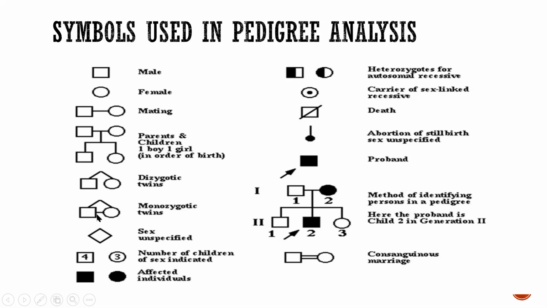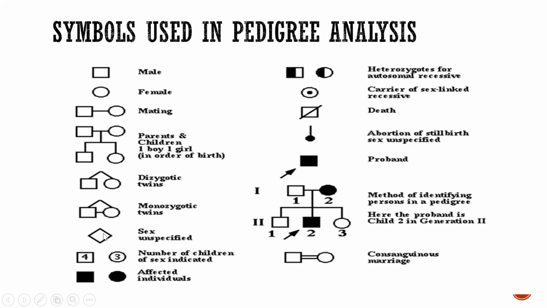Monozygotic twins are represented in this manner. If there is a line in between the offspring, it indicates that they are identical twins. Monozygotic means which have developed from the same zygote, and these twins will usually be identical.